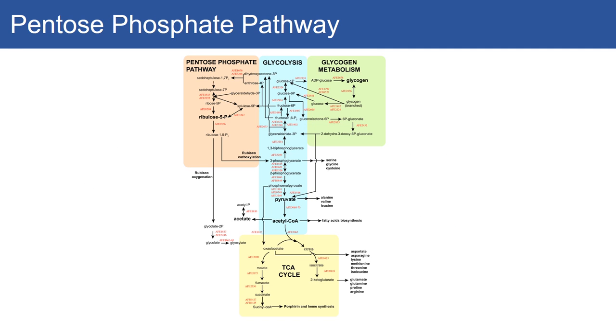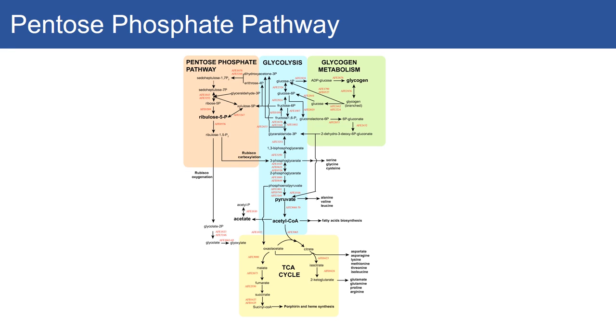Also next to glycolysis is the pentose phosphate pathway, also called the pentose phosphate shunt. There are numerous other names for this pathway. It sits right next to glycolysis, and the important part is it provides an entry point.